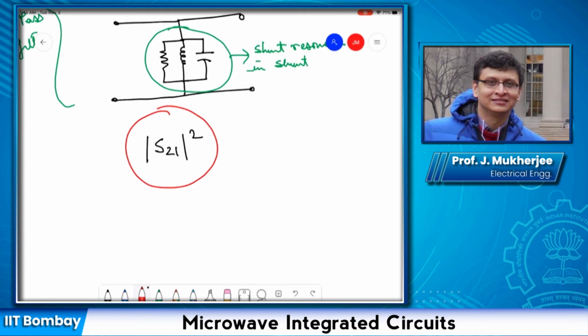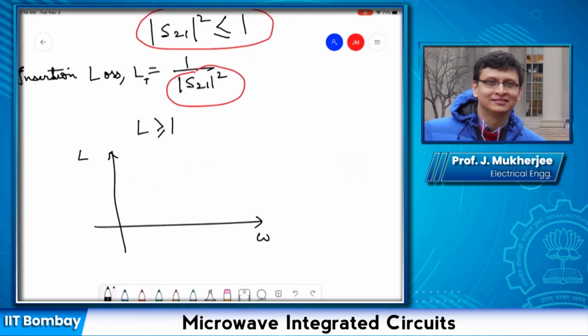Okay, and if we plot this insertion loss versus frequency, okay, so this is L, actually it is Li. Sometimes Li is also expressed in dB.